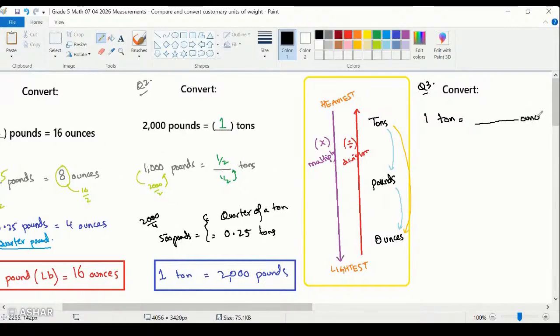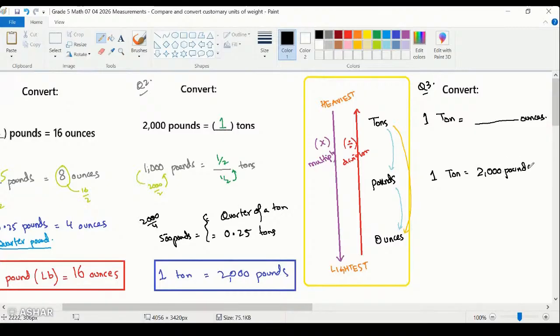Okay, what we can see over here is that a ton cannot be directly converted into ounces. From the tons, first we have to go to pounds. We know that 1 ton was equals to 2,000 pounds, right?